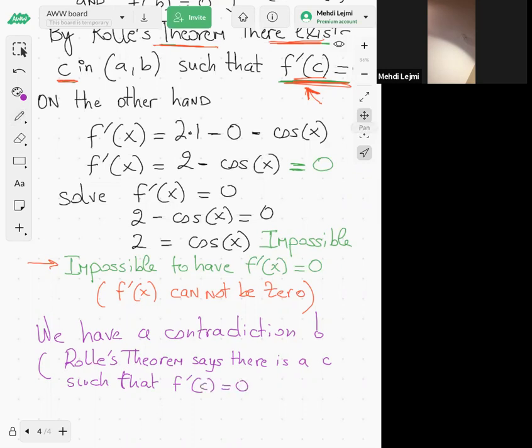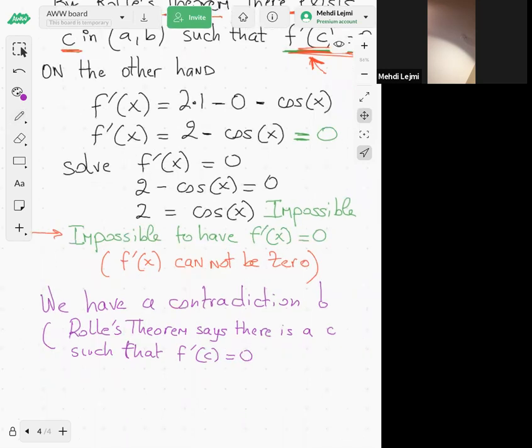But when I solve f prime of x equal to 0, there's no solution; my f prime of x cannot be 0.